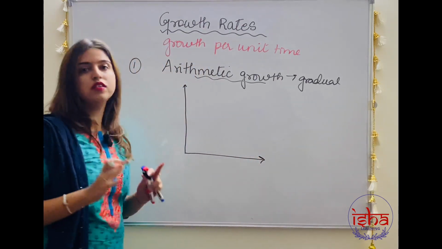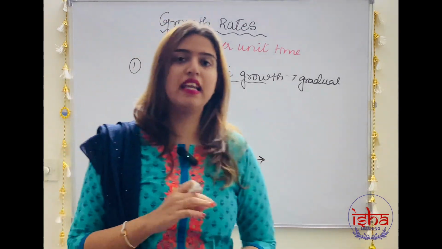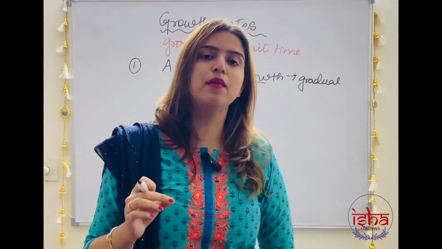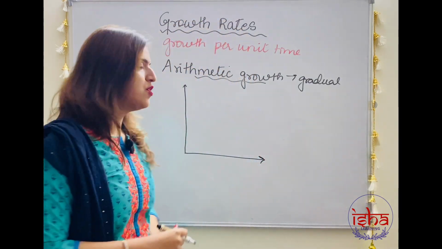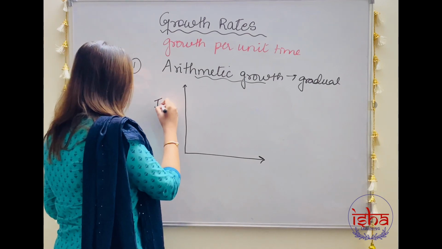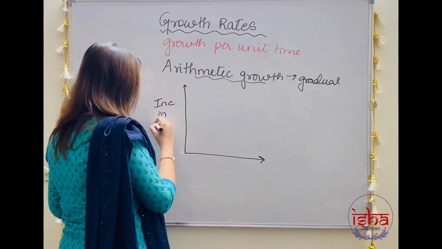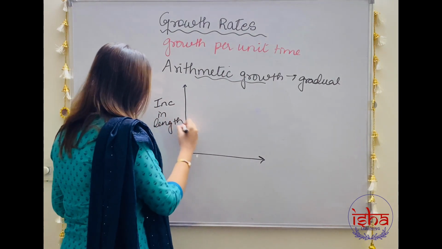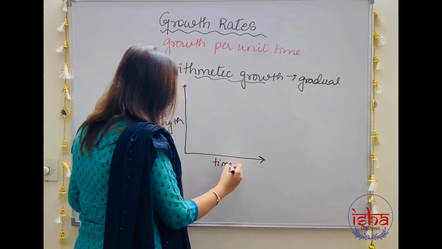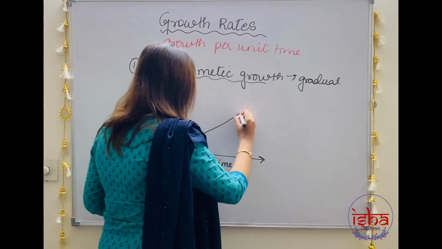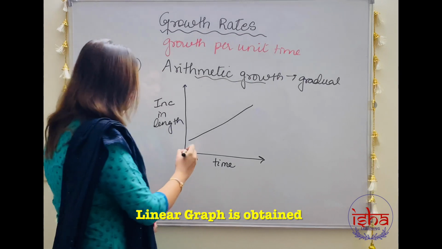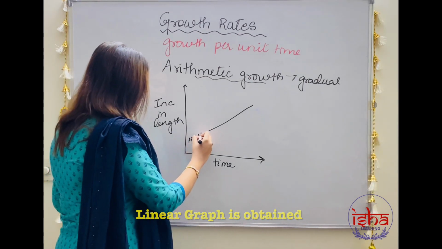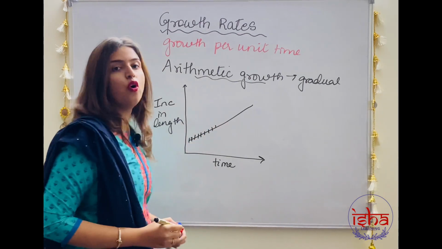If we plot a graph, let's take the increase in length of the stem as a parameter for growth. So here I'm going to write increase in length and I'm going to observe it over a time period. As I've already discussed, we obtain a linear graph. Why? Because cell by cell an increase is observed.